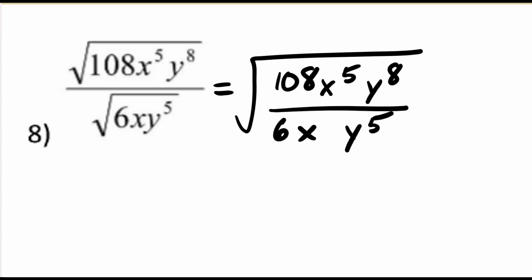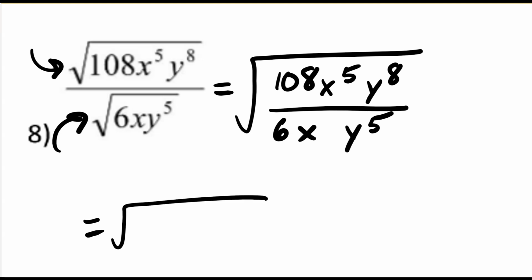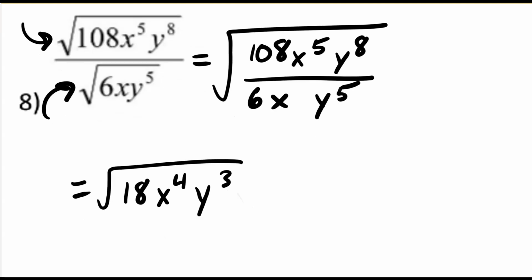Otherwise, you'd have to do this in 2 steps. You'd have to simplify the numerator, simplify the denominator, and then divide. I'm trying to work smarter, not harder, because when I just write these under the same radical, I get 18x to the 4th y cubed, which is much easier to look at and much easier to simplify.